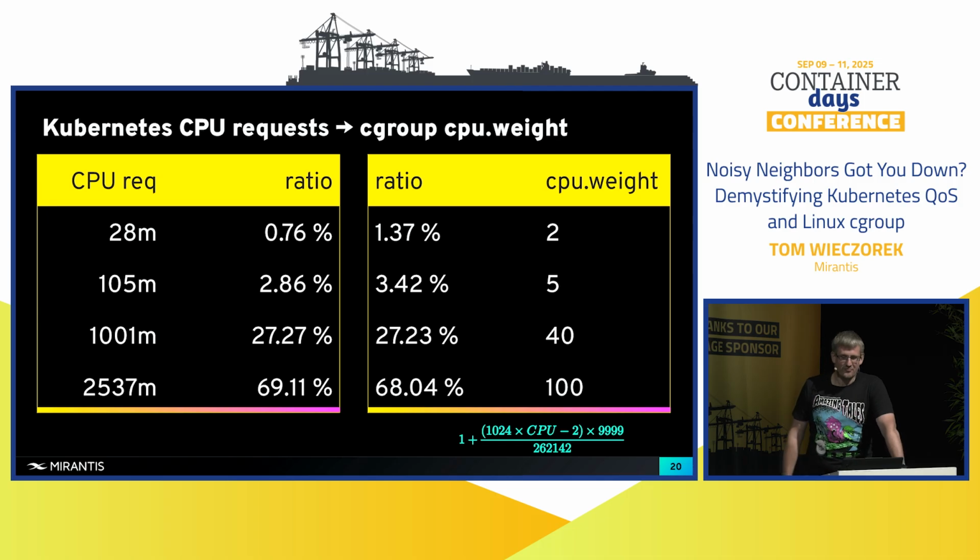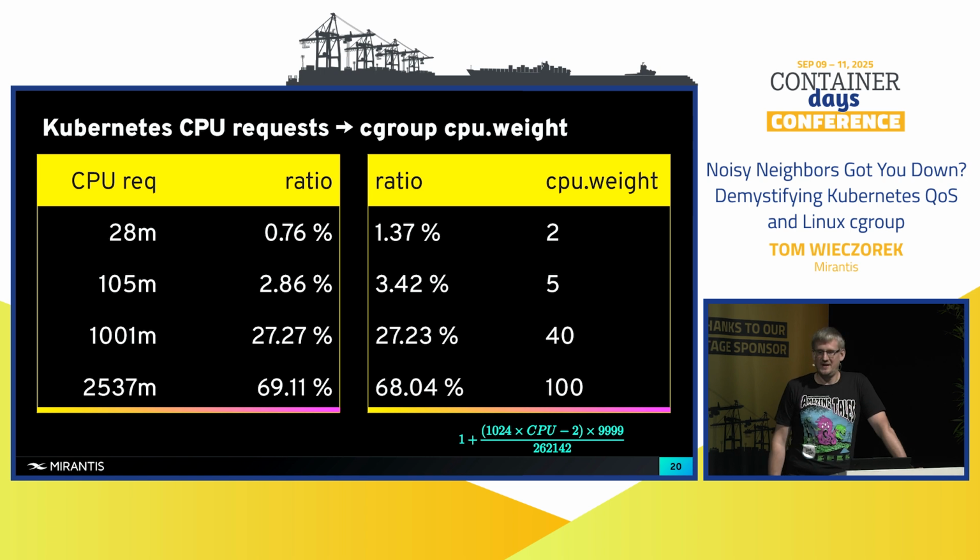Now this formula down below in the right corner. If you want to know what the CPU weight will be that your cgroup receives, deduced from your Kubernetes CPU requests, then you have to use this formula. I've just tried to illustrate that in this example.